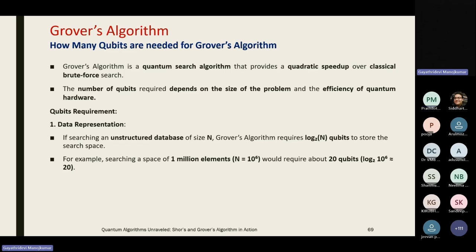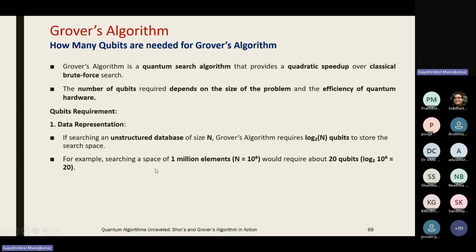As we have already said, we often need a logical qubit for an implementation. For example, if we are searching an unstructured database of size n, Grover's algorithm requires log base 2 of n qubits to store the search space.